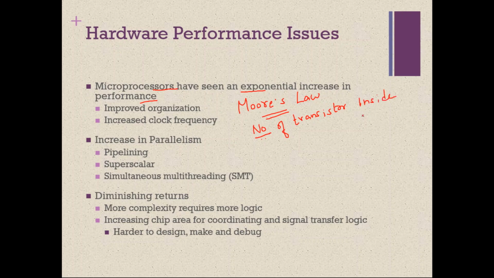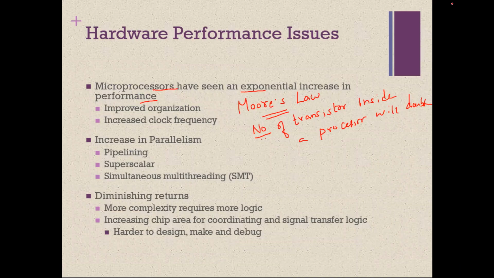Which means that inside a processor, the number of transistors will double approximately every 1 year, or 1.5 years.